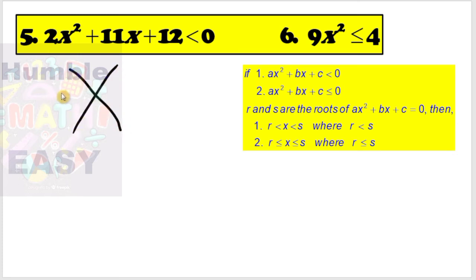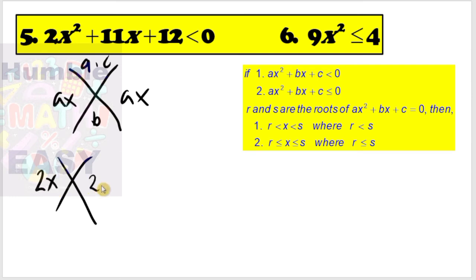So this one is the ax value, then this one is the product of a times c, and then here is the b. So the a here is 2, so we now have here 2x, then the other one is 2x. So the product of a and c, the c is 12, so 2 times 12 is 24, and then 11.